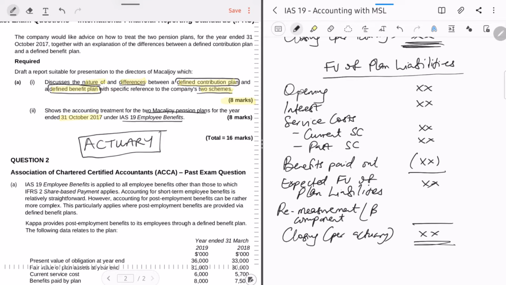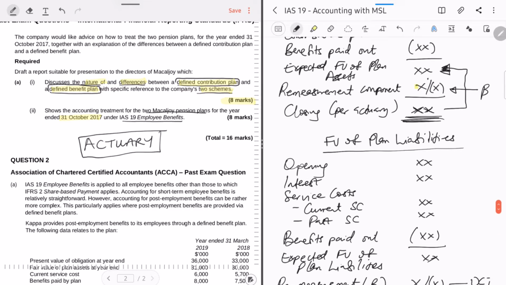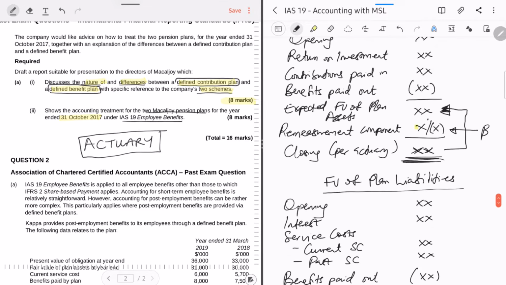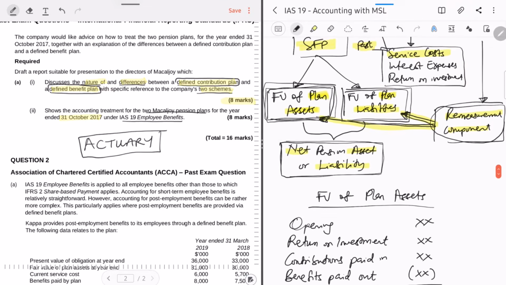Obviously, once again, this is a balancing figure. It could be a gain or a loss. This will go towards other comprehensive income, right? So take note, this is how you compute the fair value of plan liabilities and fair value of plan assets.